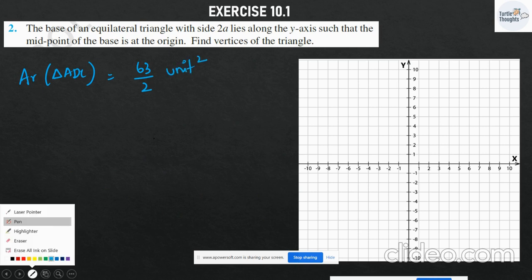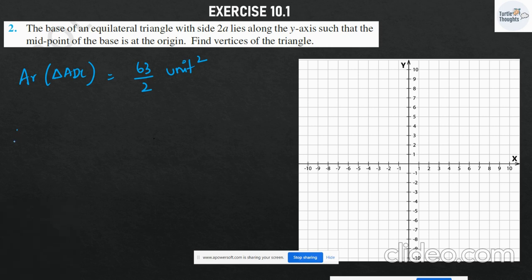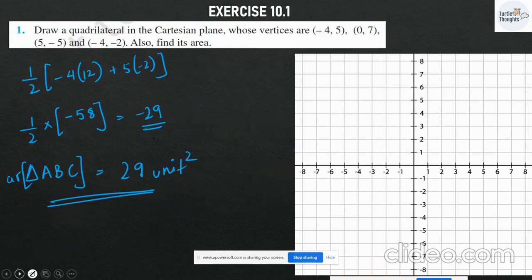Now, what will be the area of quadrilateral ABCD? It will be area of triangle ABC plus area of triangle ADC. How much did we get for area of triangle ABC?